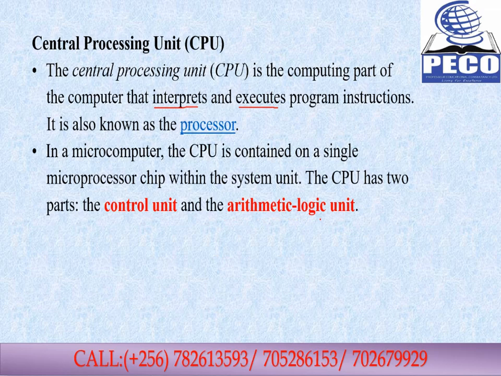These are the basic parts. There are other parts, but in the actual processing, we understand these two major parts, the control unit and the arithmetic and logical unit. They work closely with each other.